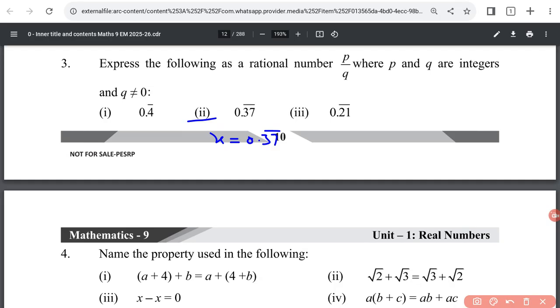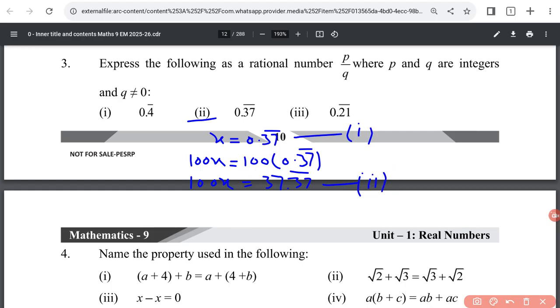Then we multiply both sides by 100. 100x is equal to 100 times 0.37 bar, so 100x is equal to 37.37 bar. So now this is equation 1 and this is equation 2.